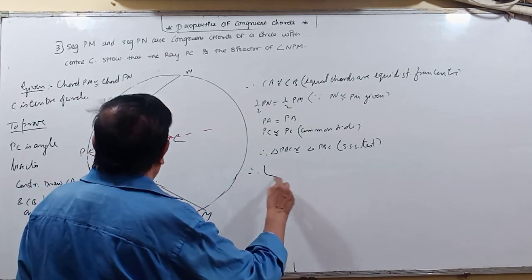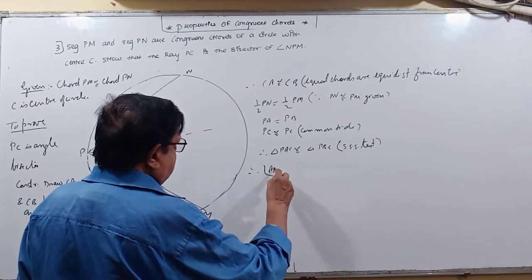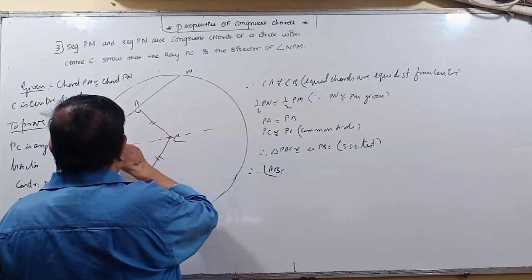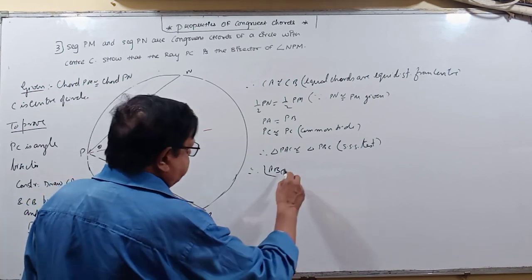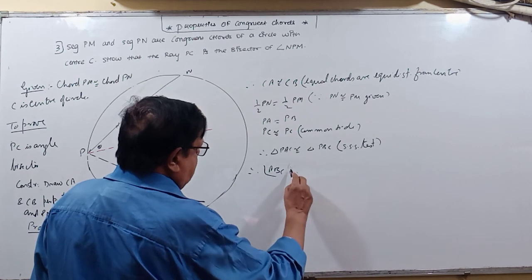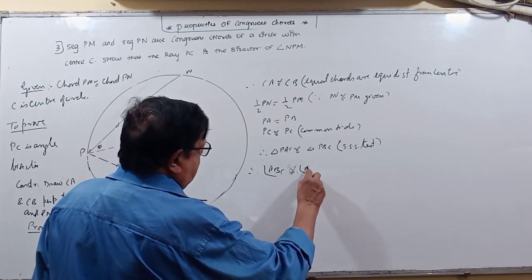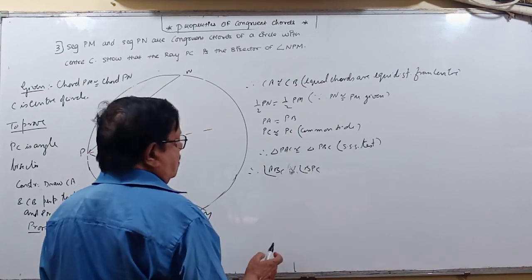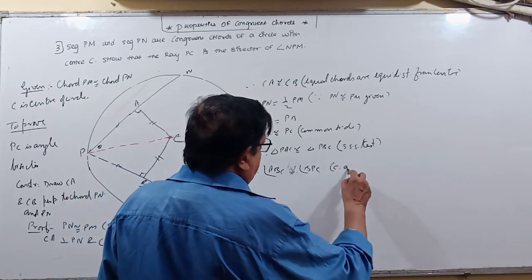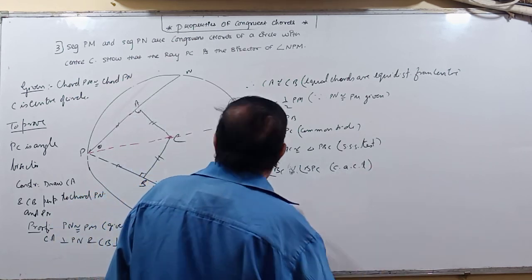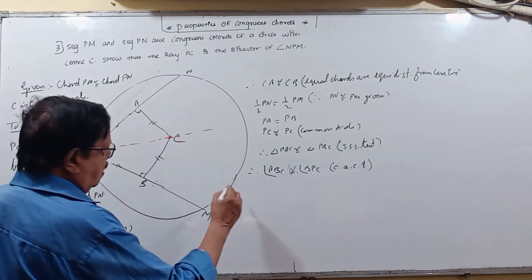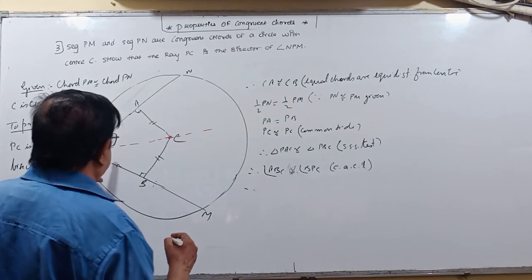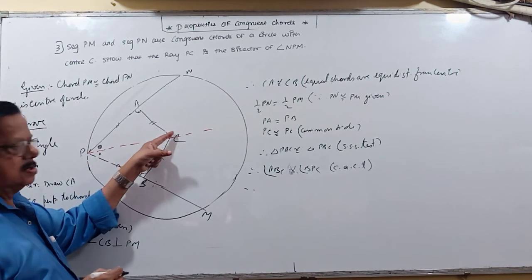Therefore, angle APC congruent to angle BPC. Why? Corresponding angles are congruent. Therefore, this is the angle bisector.